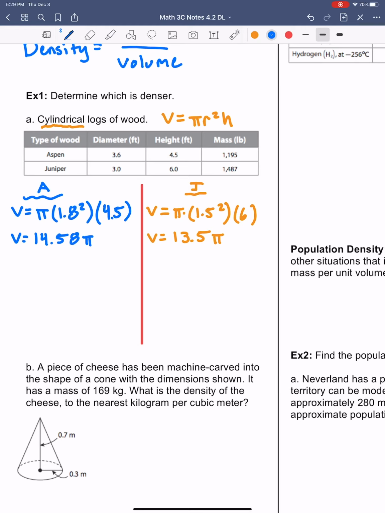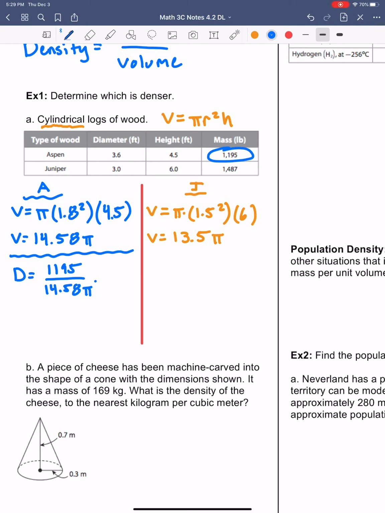So I'm going to say D equals the mass, which they give me for the aspen, which is 1,195, divided by the volume, which we found as 14.58 pi. And then we can go ahead and evaluate that.